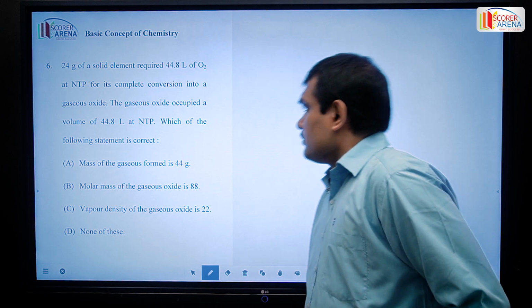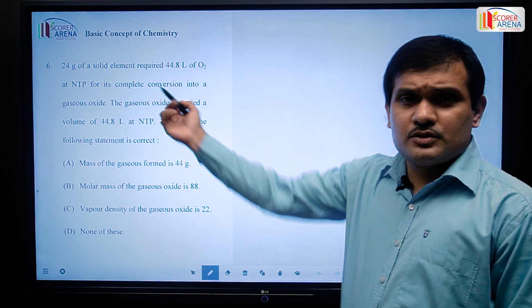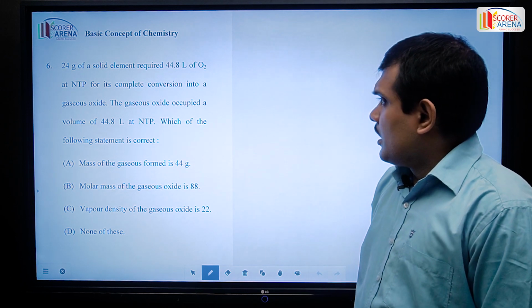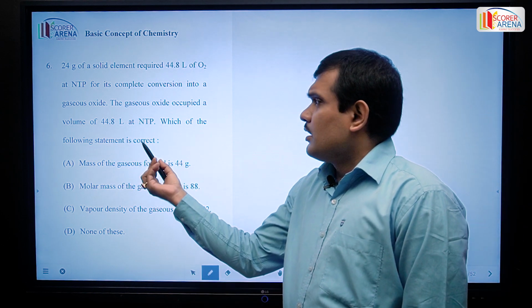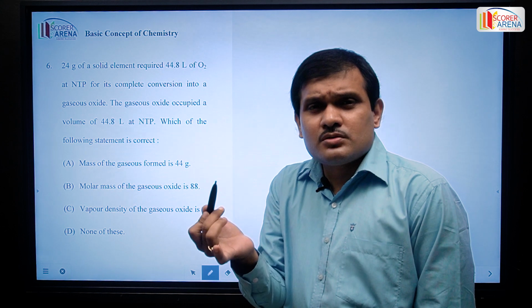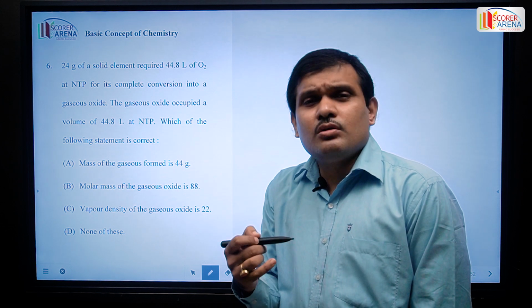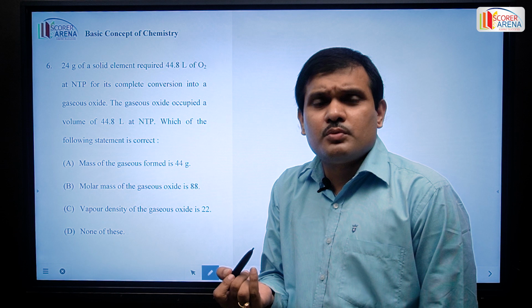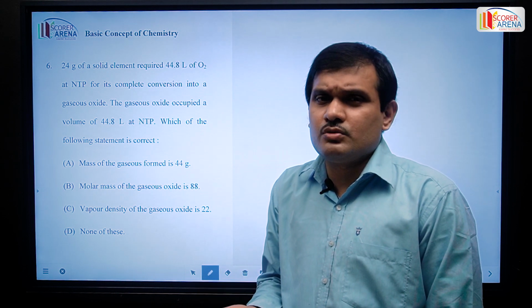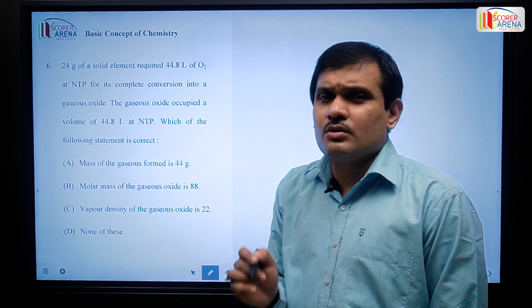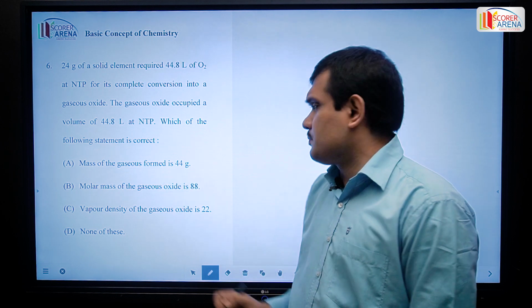Okay. So we have the next problem. This problem deals with the molar mass of any substance that will occupy a volume of 22.4 liter at NTP, or we say molar volume, that is 22.4 liter at NTP. That concept we have to use to solve this problem.